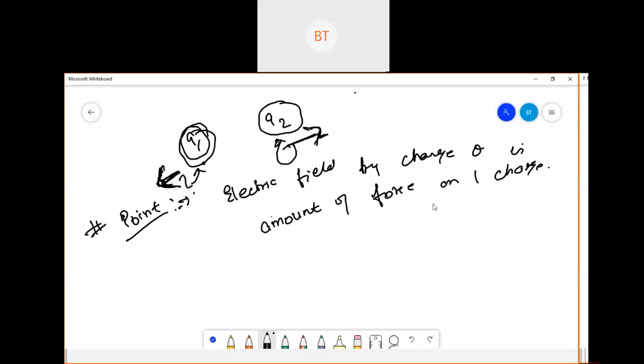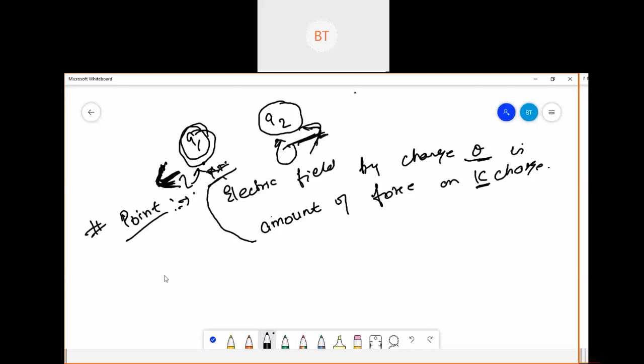Electric field by charge Q is the amount of force on 1 coulomb charge. So what is the force we are applying on 1 coulomb charge? That is the electric field due to point charge. If somebody asks you how to define electric field due to point charge, you need to give this definition only.